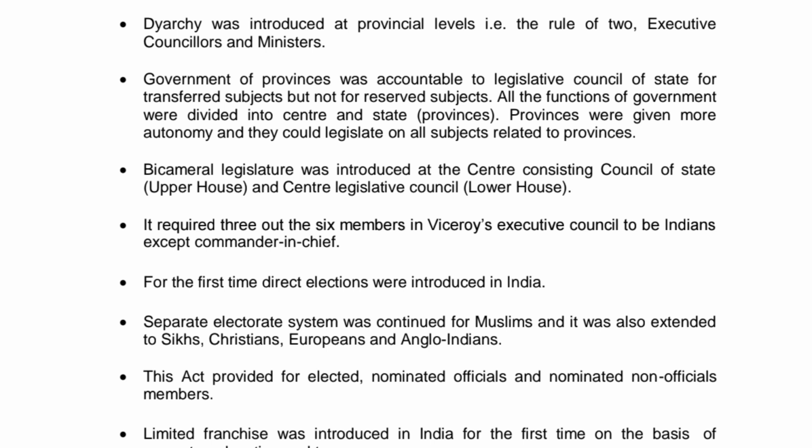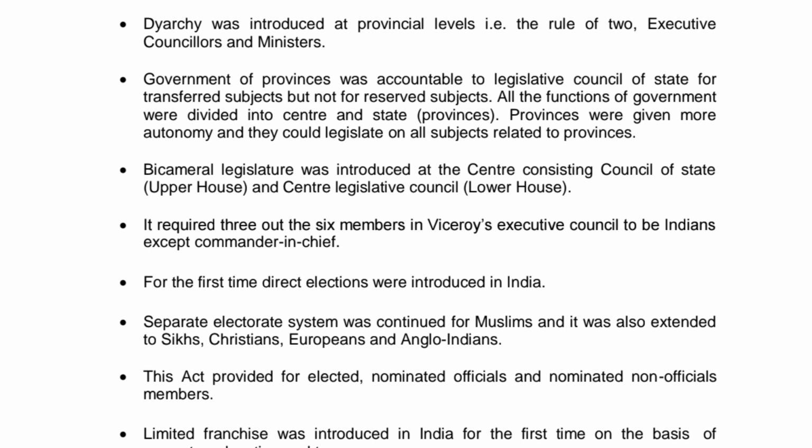Government of provinces was accountable to legislative councils of the state for transferred subjects, but not for reserved subjects. All the functions of government were divided into center and state provinces. Provinces were given more autonomy, and they could legislate on all subjects related to provinces.